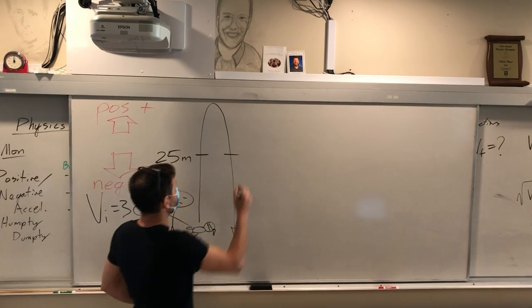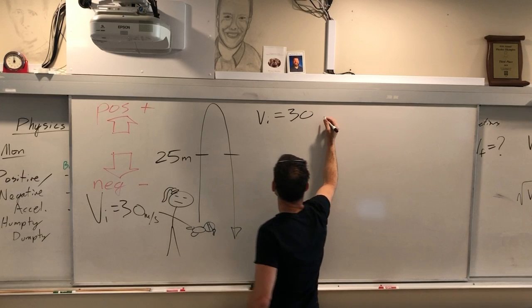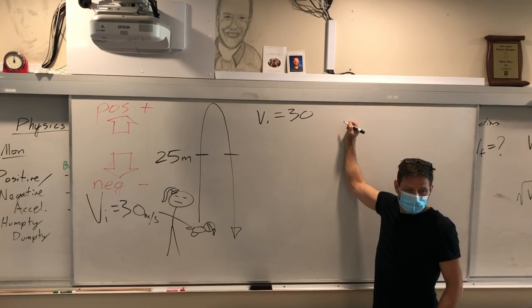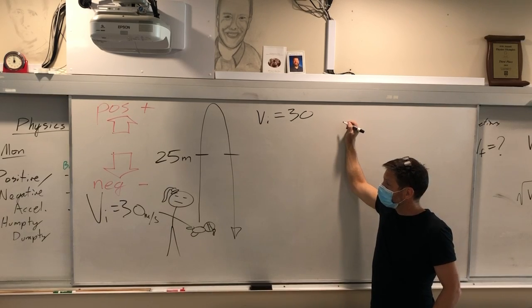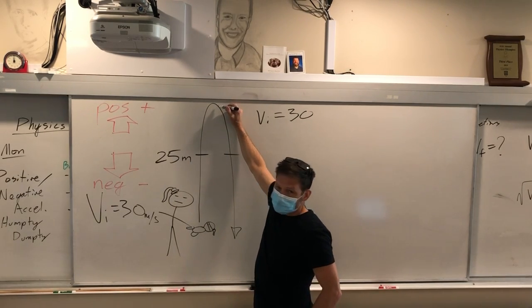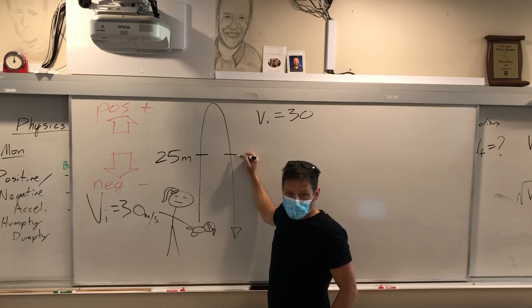So we have a VI equals positive 30. Do we know the VF? No. The velocity at the top is 0. Do we know that 25 meters is the top?